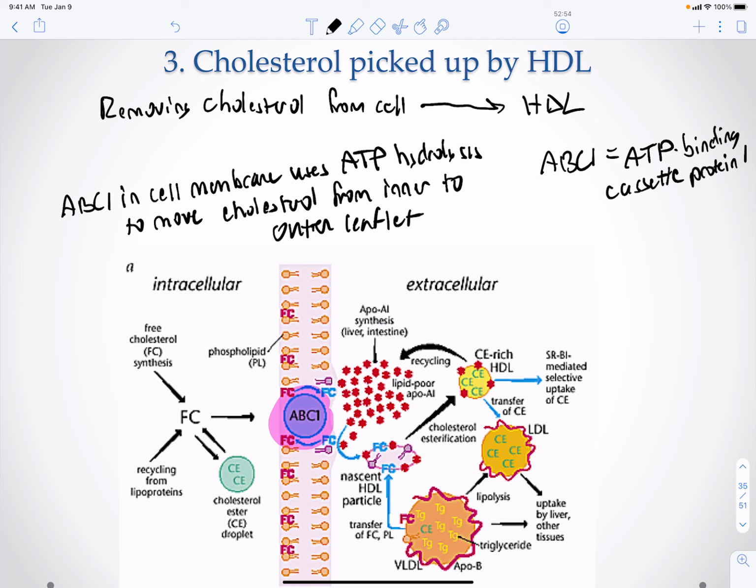So here we have our cholesterol, on the inner leaflet, and you have a free cholesterol. It moves it from the inner leaflet to the outer leaflet.